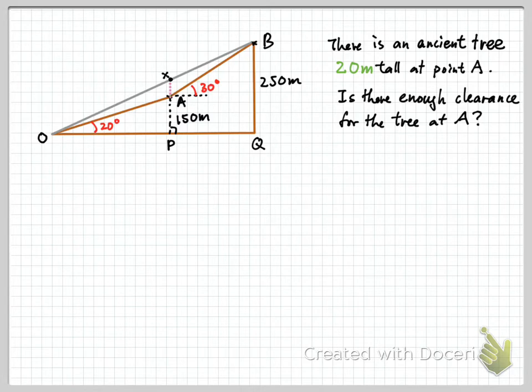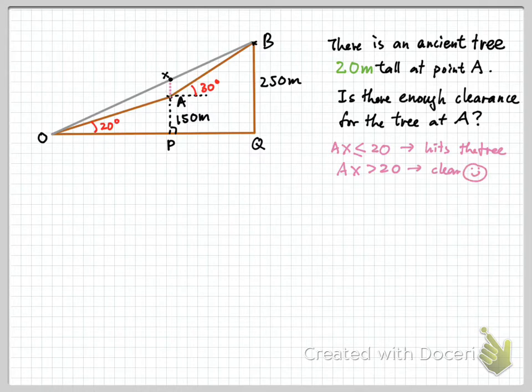You don't have to cut down the tree. If this AX segment is less than or equal to 20, then the cable car hits the tree. You have to cut down the tree. On the other hand, if AX is greater than 20 meters, then it clears the tree. It is clear.